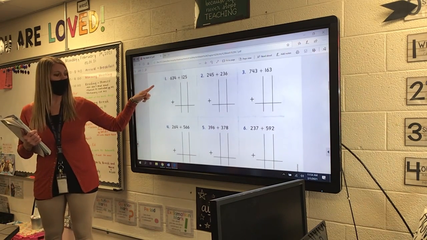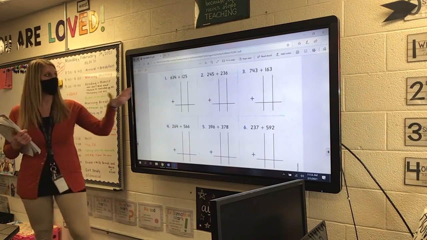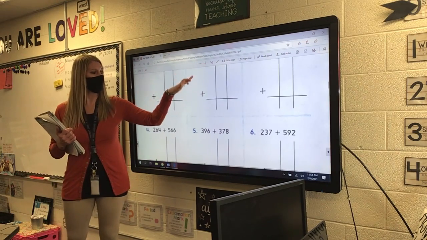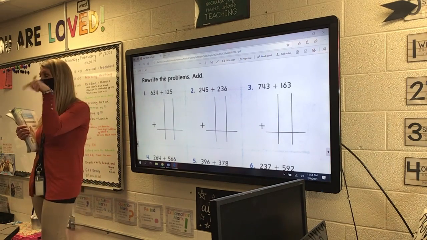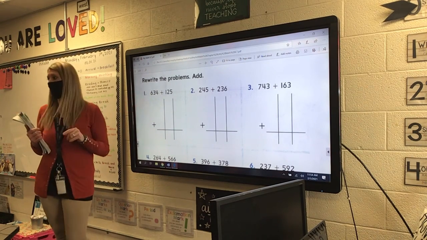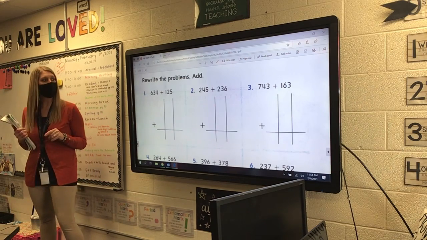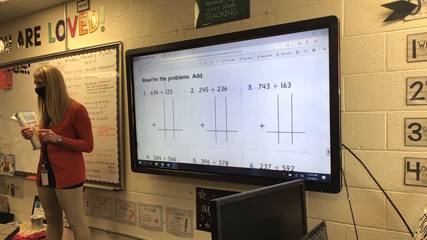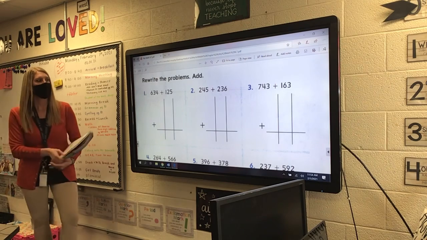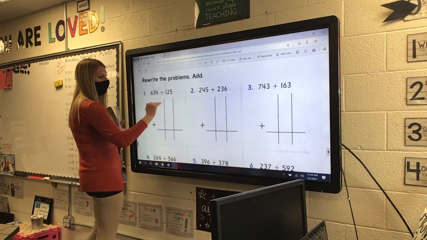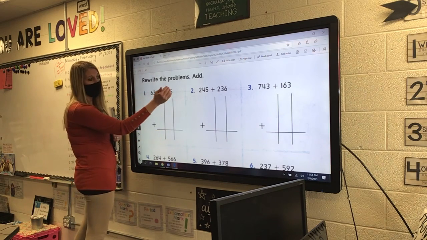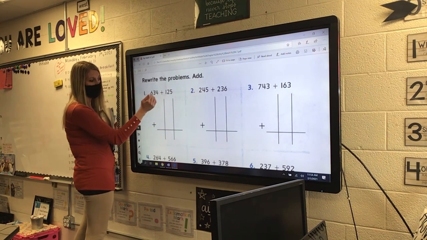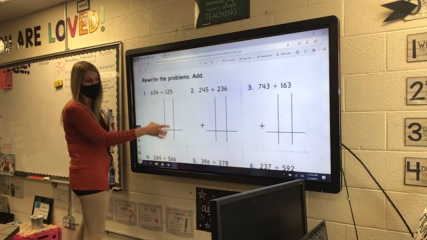Now, I'm going to do this first one together with you guys, but then I'm going to have some of you come up here and do these problems, and you are going to check them at your desk. So, number 1, 634 plus 125. So write 634 on the top. As you can see, they don't have them labeled ones, tens, hundreds, but this middle one is tens.